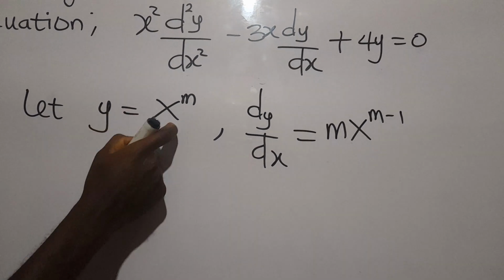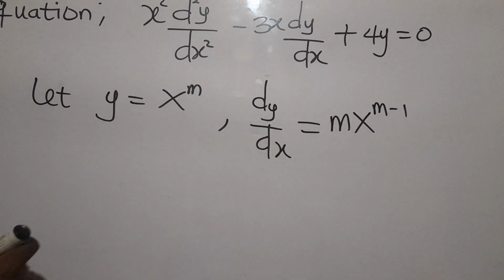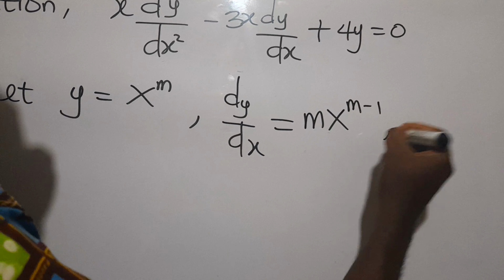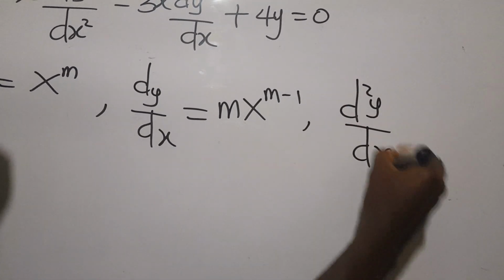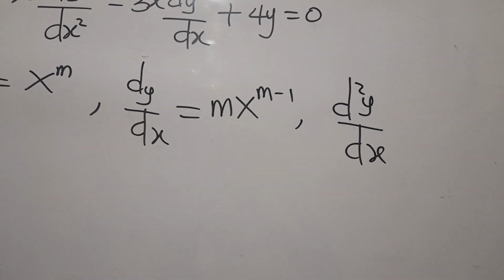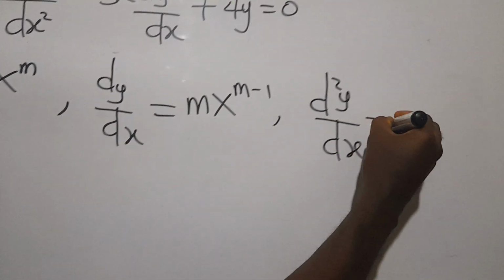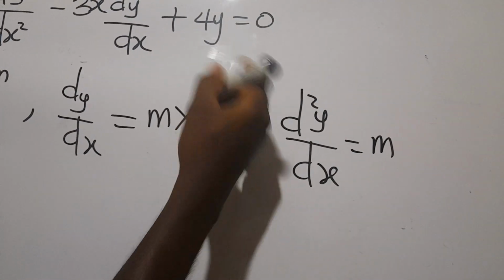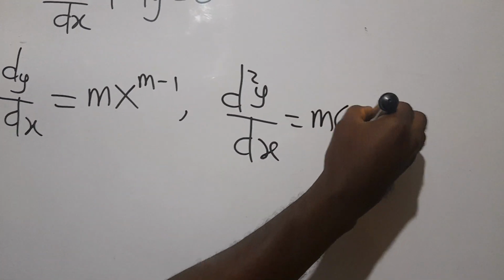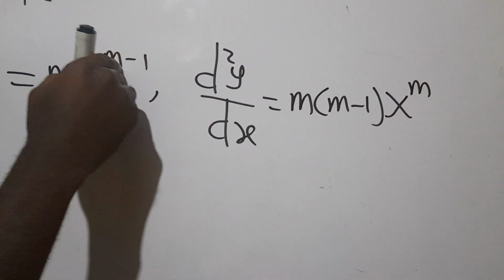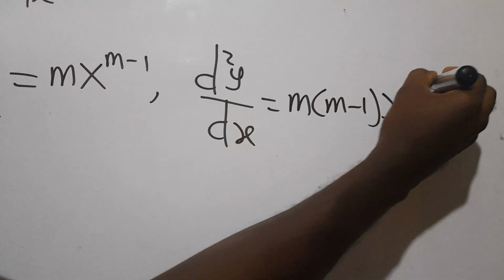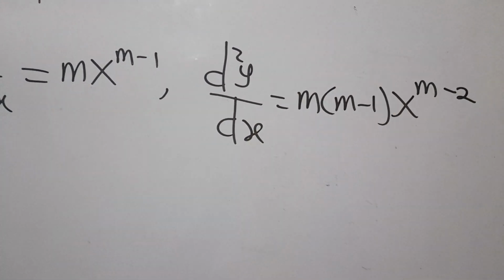Now we find the second derivative by differentiating the first derivative. It will be m, drop the exponent, repeat it, and subtract 1, so m minus 1 times x^(m-2).